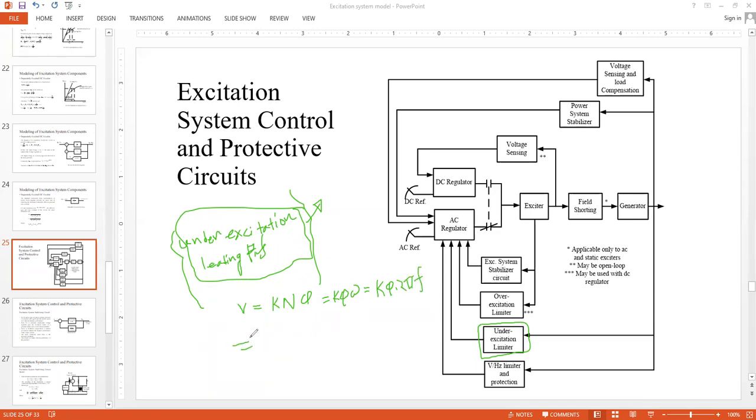So the problem is that we're talking about the V by F ratio, right? So V by F is actually proportional to phi, isn't it? So if you don't make it a constant, then what would be the problem? Or if you don't limit this ratio. So you see the relation now, V by F, volt per hertz limiter.